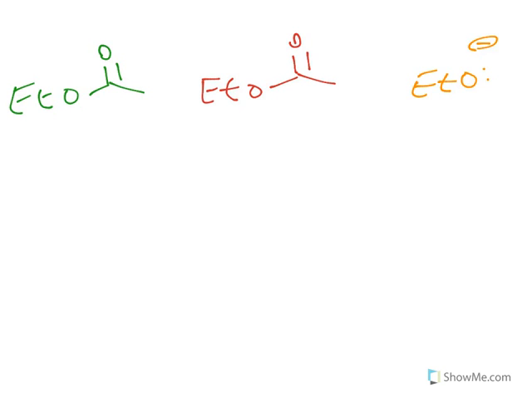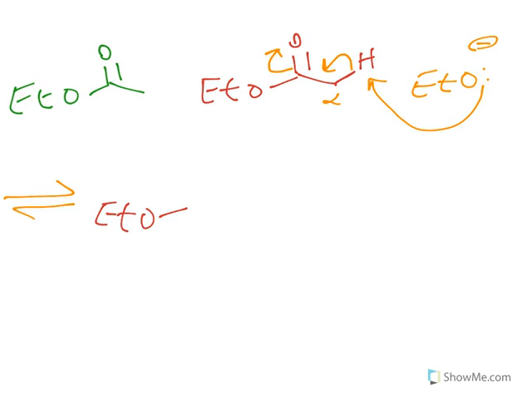All right, so the first thing that's going to happen is we're going to form an enolate in a reversible fashion. Okay, so we're going to take the proton off the alpha position, and this is reversible. So what we get is an enolate, a thermodynamic one.